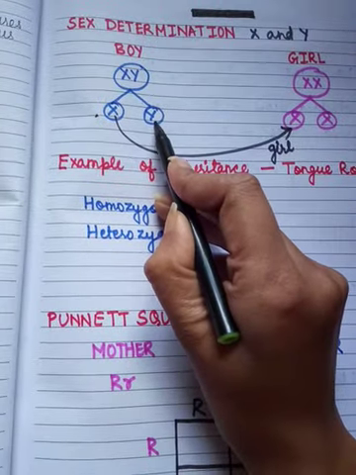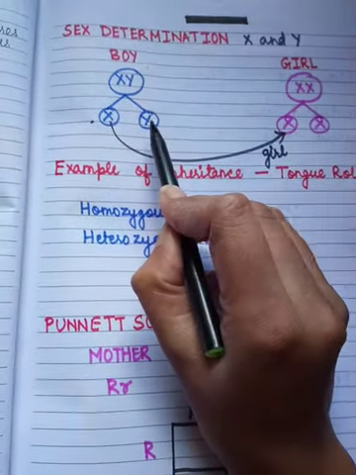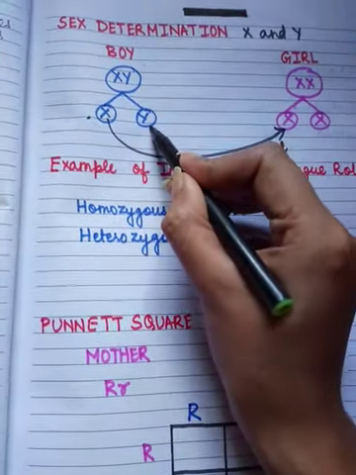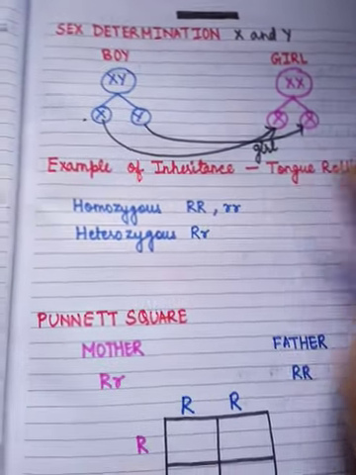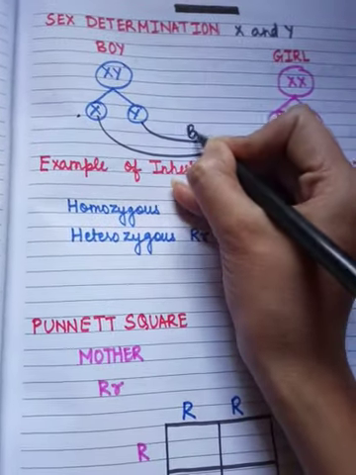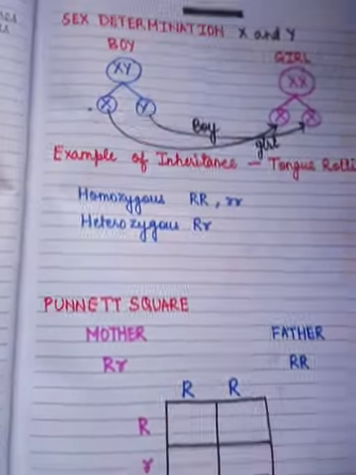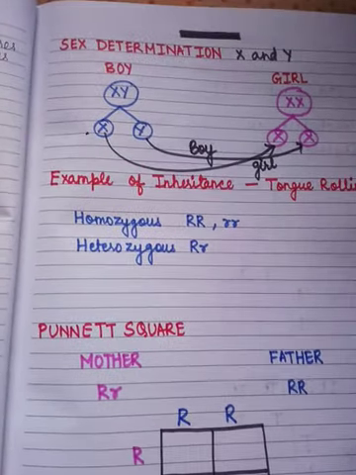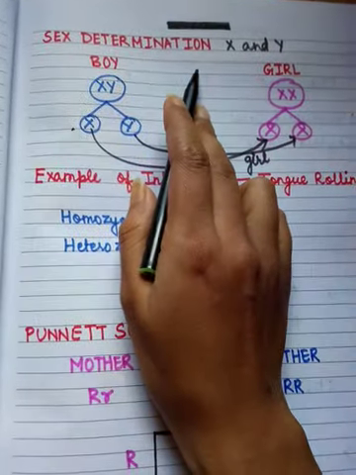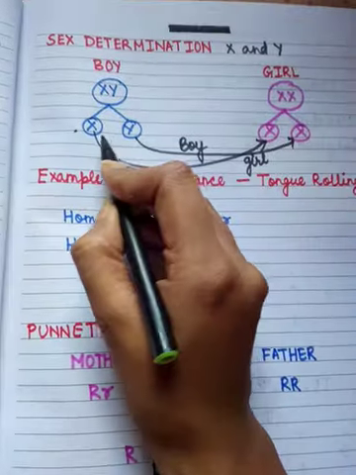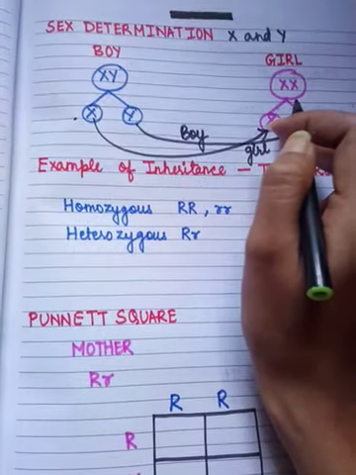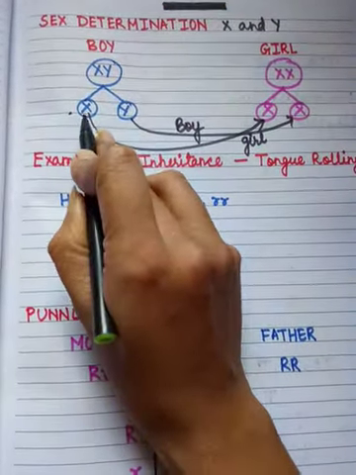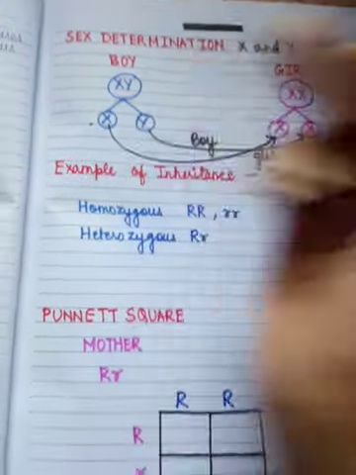If the male carries the Y chromosome and it fertilizes with an X chromosome, it will be a male or a boy. So, sex determination is always through a male, not through a female, as the male carries X and Y chromosomes.